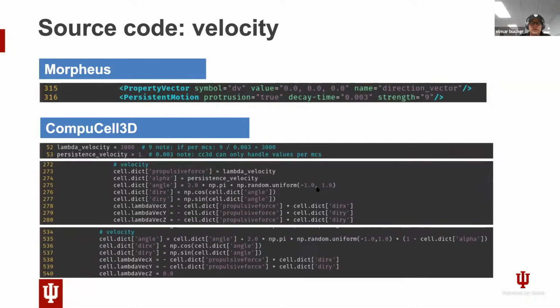It's just a circle, we did this actually in class. You find randomly a value where you will walk next, with sine and cosine, and then you set your lambda vectors. So this is how we implemented this velocity in CC3D.